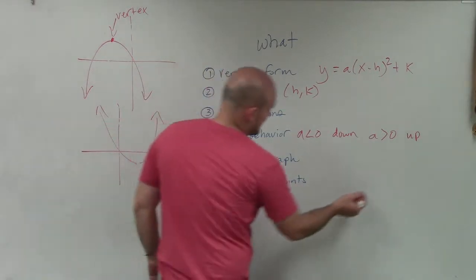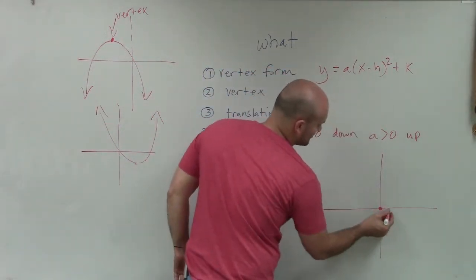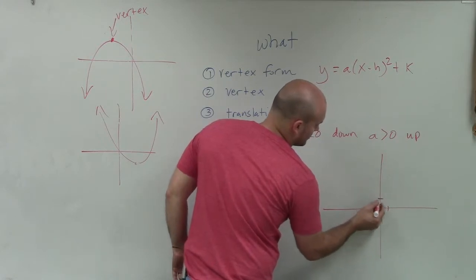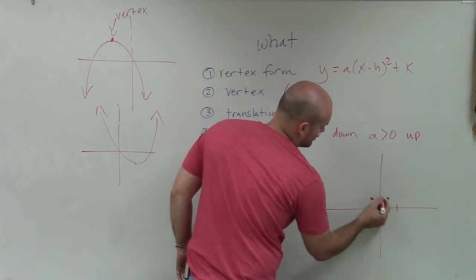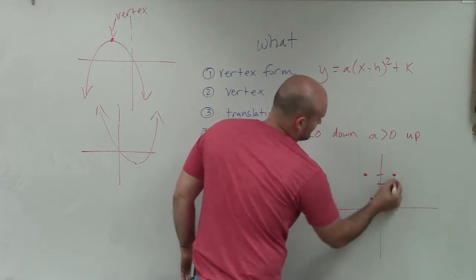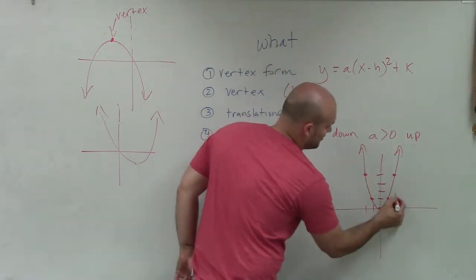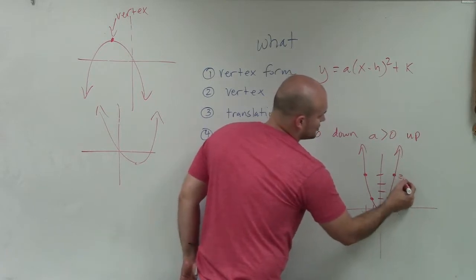The next thing is understanding the parent graph. So let's look at the parent graph of a quadratic. OK, so here is the parent graph of a quadratic. There's a couple points, 1, 1, and 2, 4.